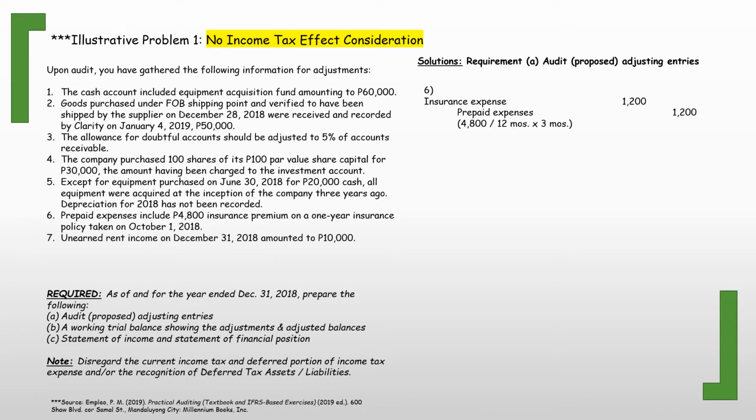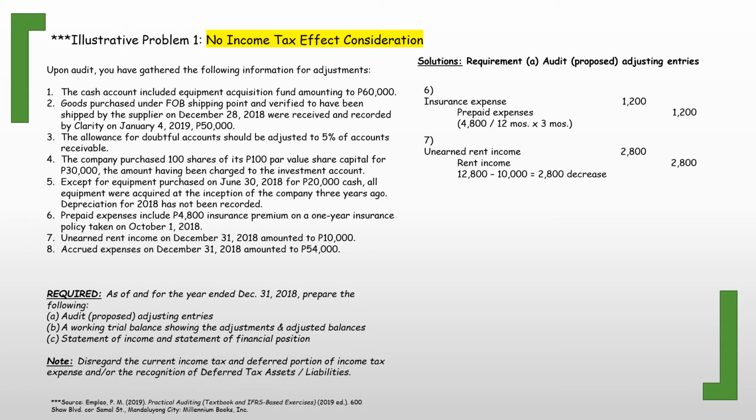Next is unearned rent income on December 31, 2018 amounted to 10,000 pesos. Our adjusting entry is debit unearned rent income, credit rent income amounting to 2,800. So we have recognized the earned portion of unearned rent income.